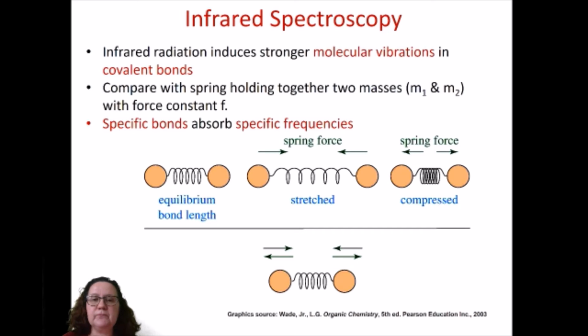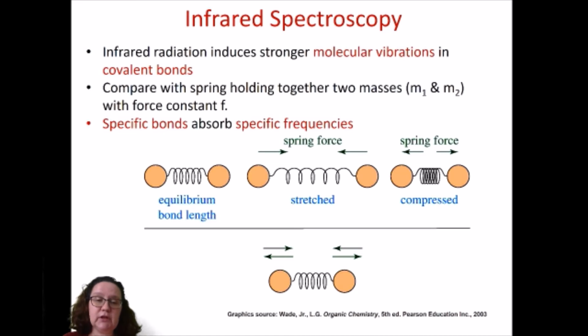That imaginary spring will be different depending on the atoms that are making that bond. And with the right wavelength of infrared radiation, you are able to excite that spring, so the vibrations are stronger.